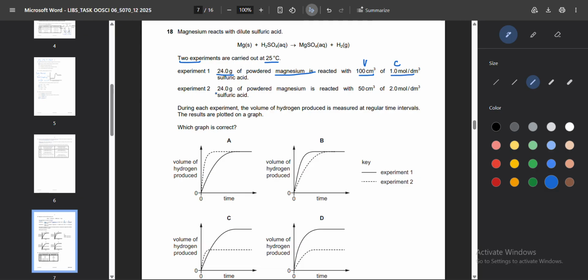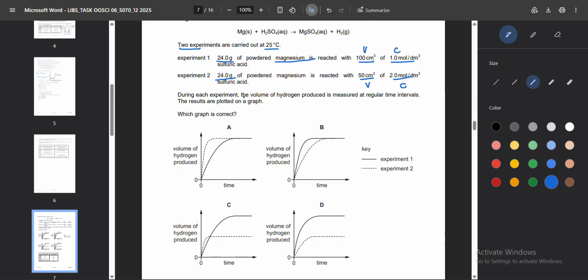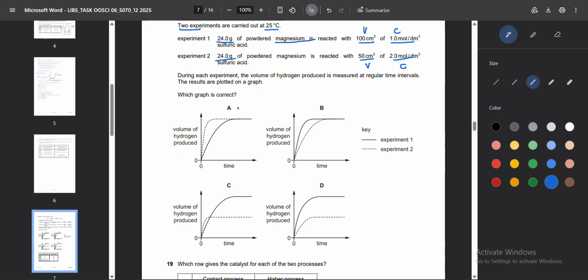And in experiment number 2, we have the same amount of magnesium and it is reacted with this much volume, and the concentration of sulfuric acid is given. Now we have to select that during each experiment the volume of hydrogen produced is measured at regular intervals and the results are plotted on a graph.